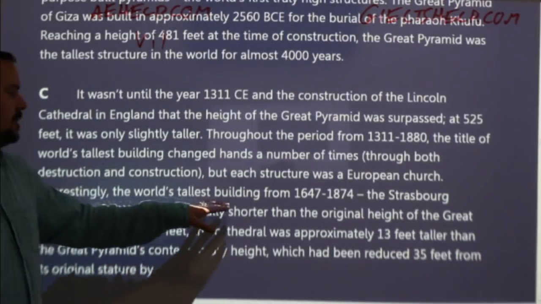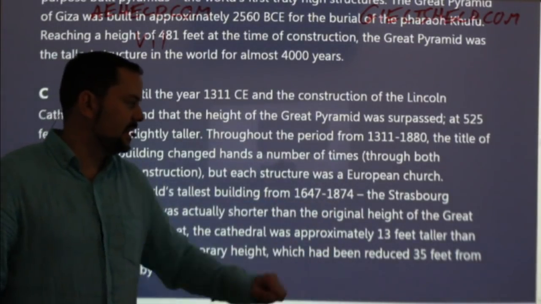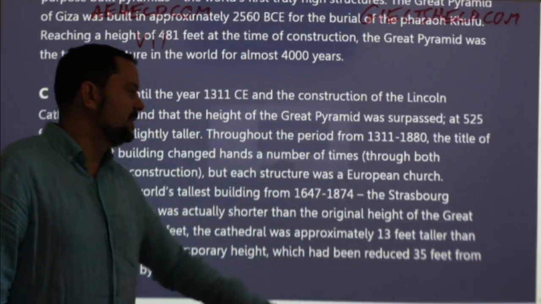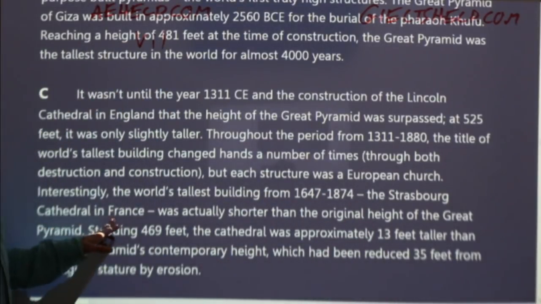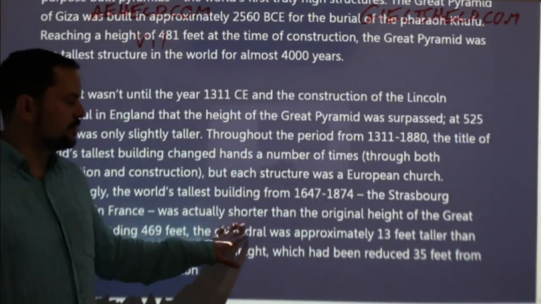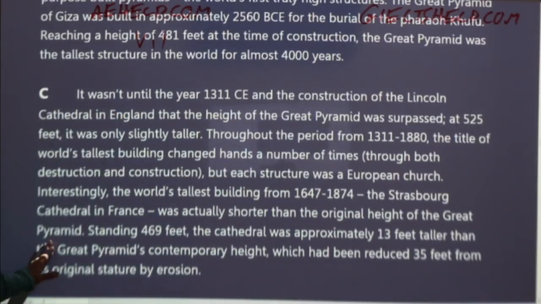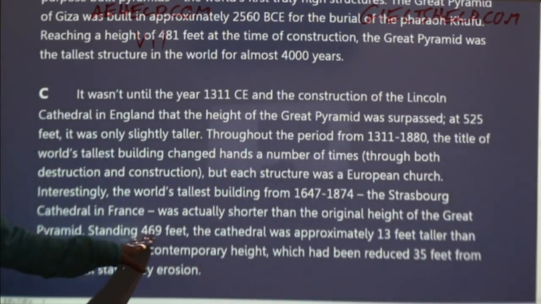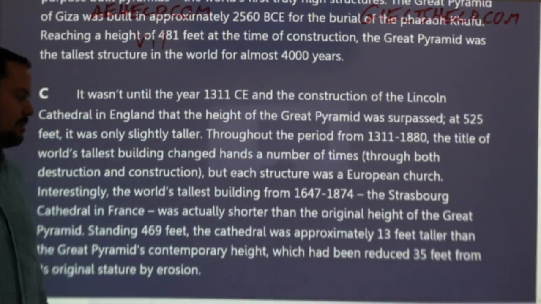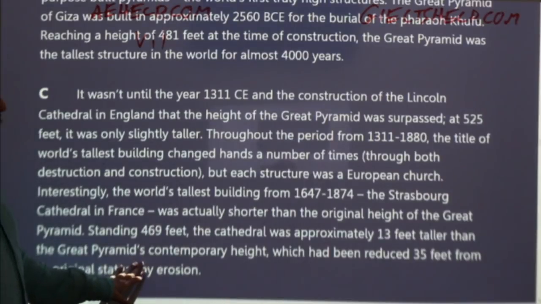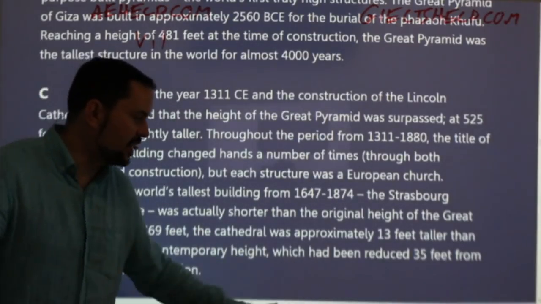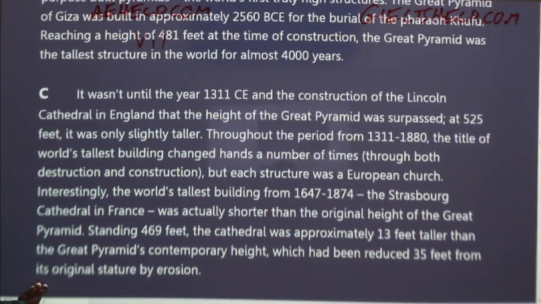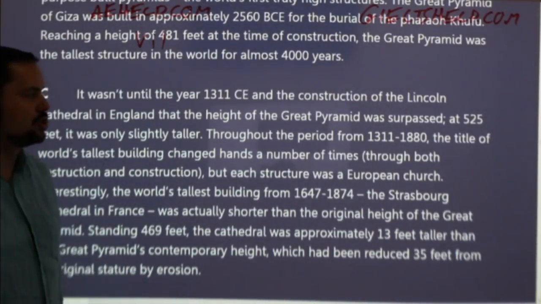Interestingly, the world's tallest building from 1647 to 1874, the Strasbourg Cathedral in France, was actually shorter than the original height of the Great Pyramid. Standing 469 feet, the cathedral was approximately 13 feet taller than the Great Pyramid's contemporary height, which had been reduced 35 feet from its original stature by erosion.